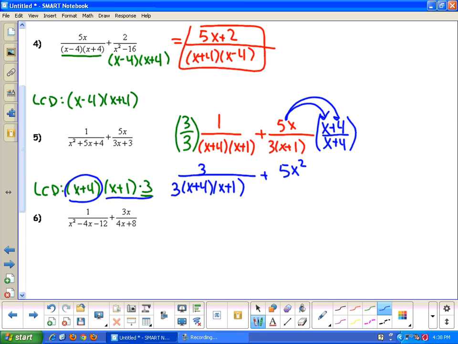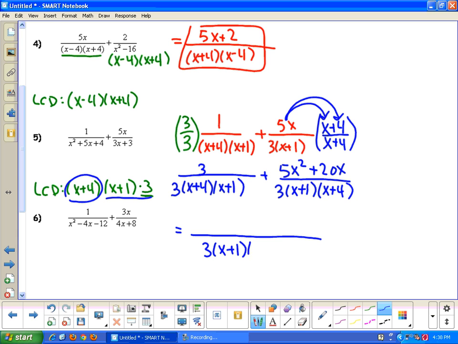And then 5x times 4 would be plus 20x over 3 times x plus 1 times x plus 4. Now you notice that you have the same denominator, so we combine our numerator all over our common denominator. So my common denominator is 3 times x plus 1 times x plus 4.